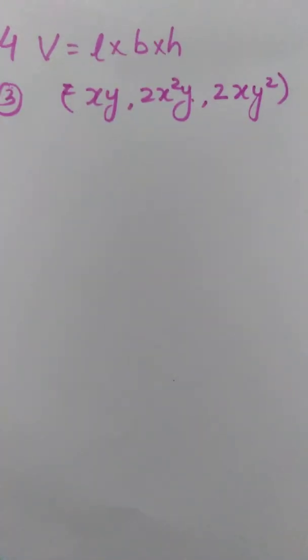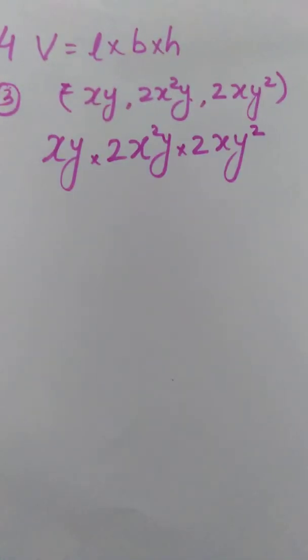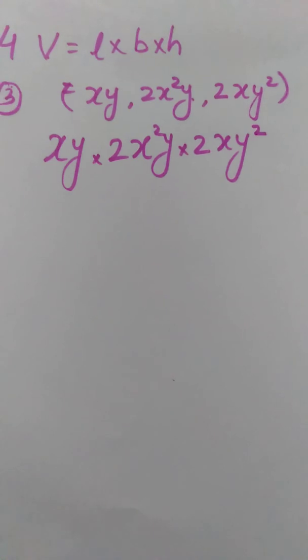Now suppose this option, xy, 2x square y and 2xy square. Here we take each of the terms as length, breadth and height. The volume is given as the multiplication of these three, in this form, xy into 2x square y into 2xy square. Now the constant coefficients are multiplied. 2 into 2 is 4.